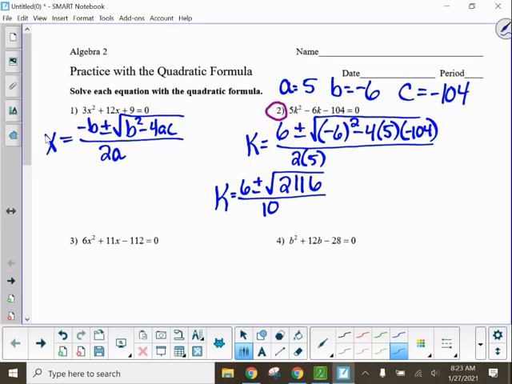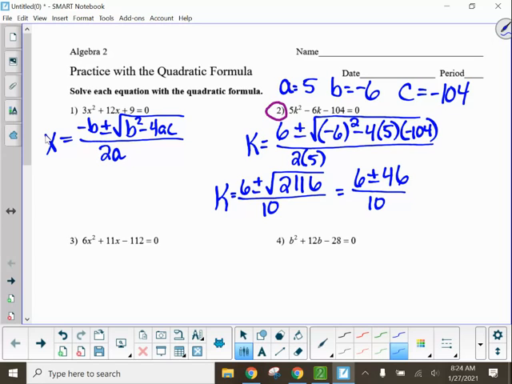But if it is a perfect square, you can take the square root of it. And so with this one, 2116 actually is a perfect square, and the square root of it is 46. Notice how the radical sign is gone, because the square root of 2116 is 46.